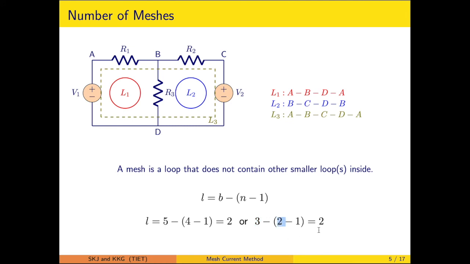However, the number of independent loops comes out to be the same, 2. These independent loops give the number of independent loop equations needed to solve this circuit, and the number of meshes is exactly equal to the number of independent loop equations.